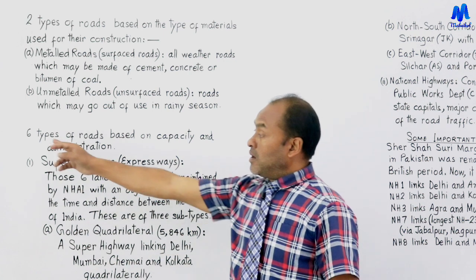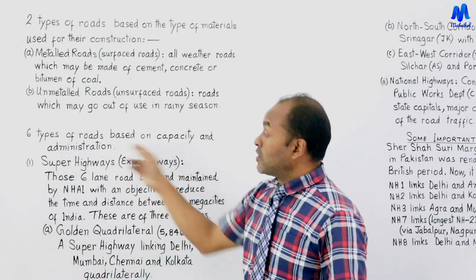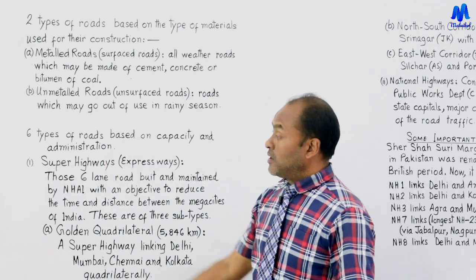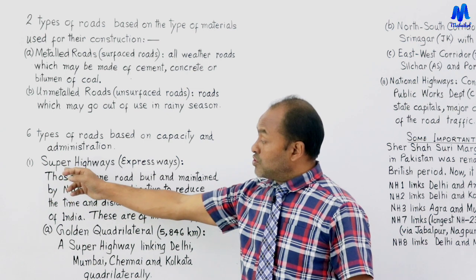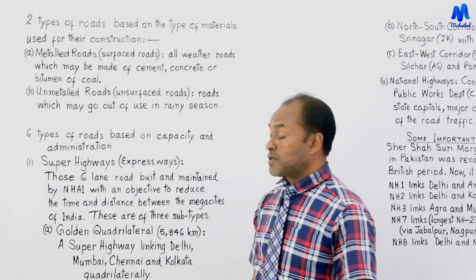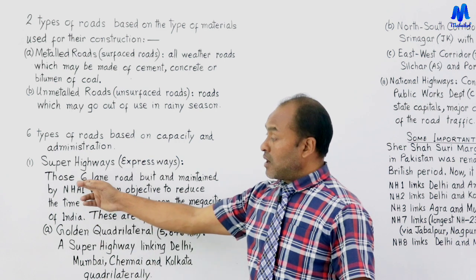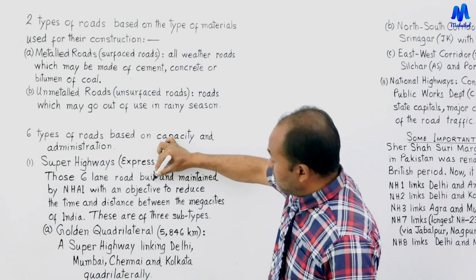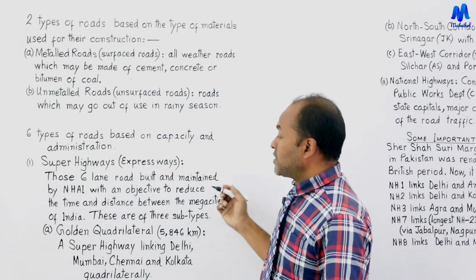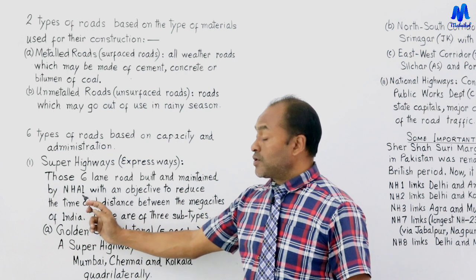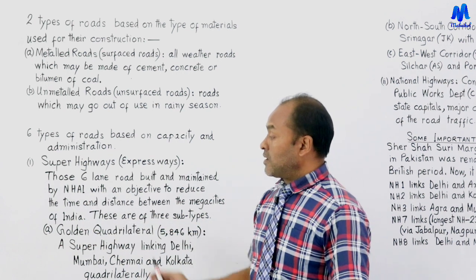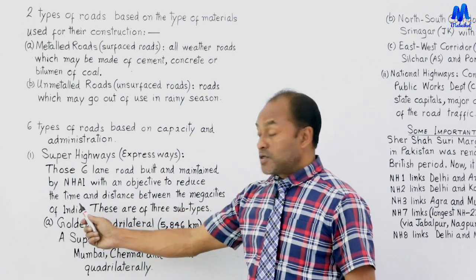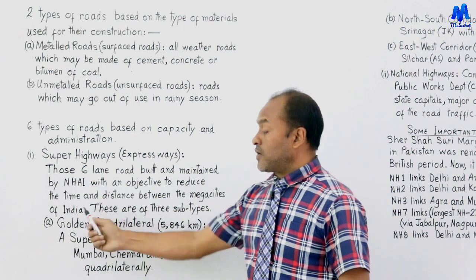Okay. Again, we are going to discuss about the 6 types of roads based on the capacity and administration. And here, in the first category, we have superhighways or expressways. These are 6-lane roads built and maintained by National Highway Authority of India, with an objective to reduce the time and distance between the megacities of India.